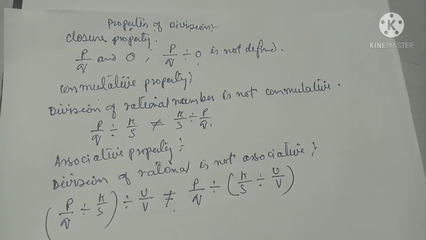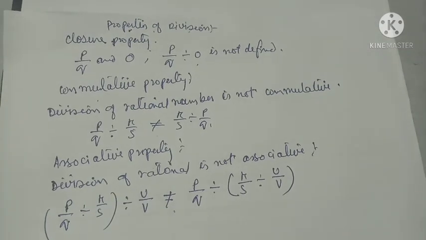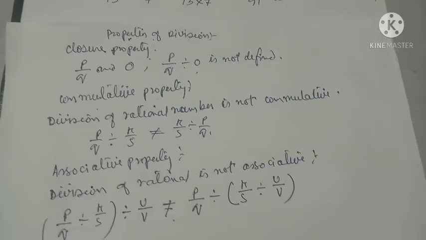So we can say that in division, closure, associative and commutative properties do not hold. These are the shortcuts of the properties of division of rational numbers.